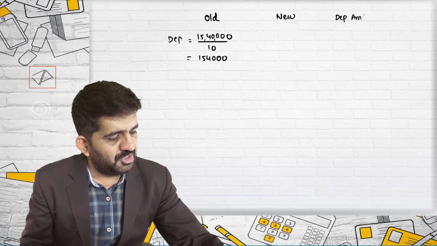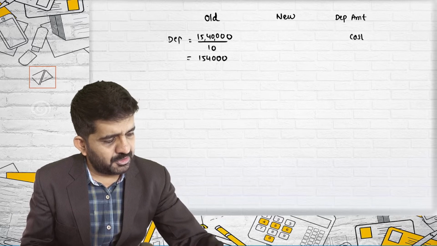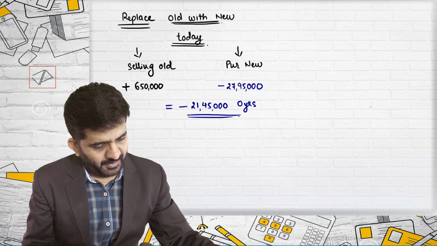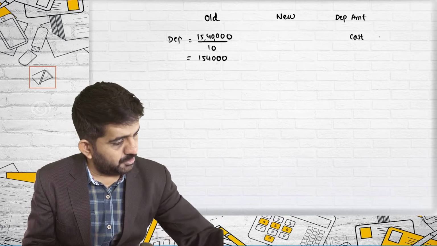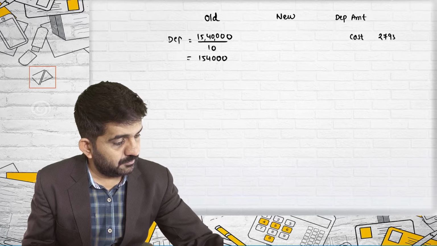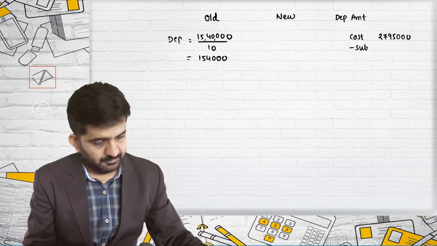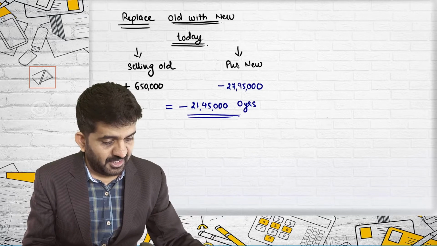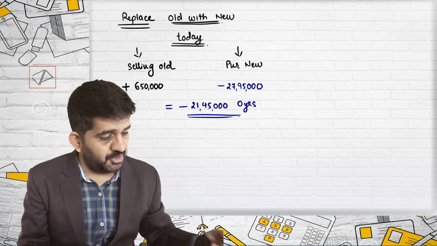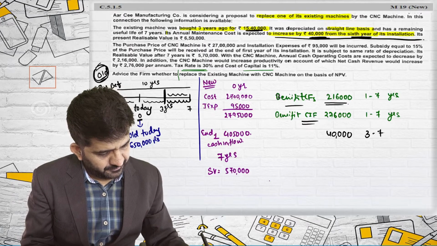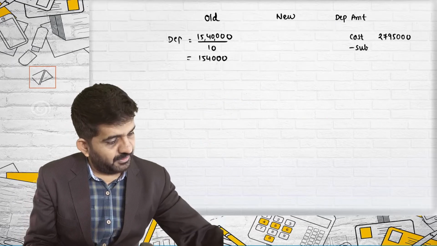What will be the depreciable amount? Cost of 27,95,000 minus the subsidy, because the subsidy, even if you are getting it after the first year, is your benefit. Subsidy amount is 4,05,000.